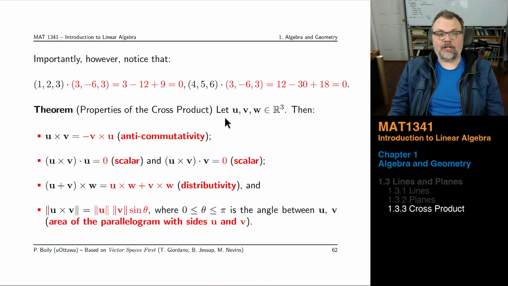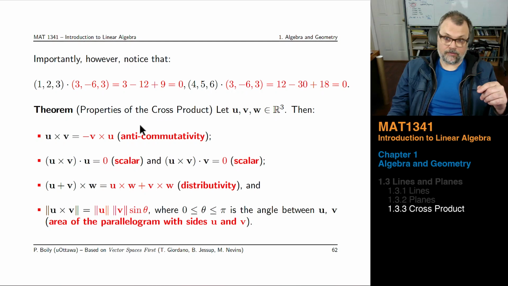There are some properties here for us to look at. If you have three vectors in R3, then first of all, they are anti-commutative. In physics, that's going to end up playing a role, especially when you talk about elementary particles and symmetries. It's very interesting. So u cross v is minus v cross u. Not the same, but also not completely different.